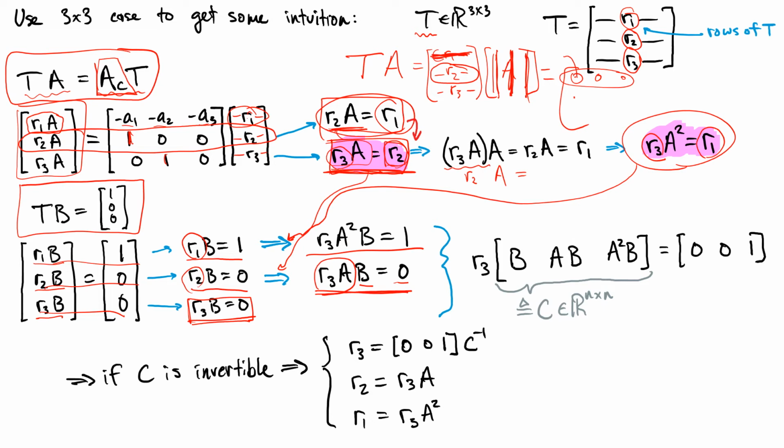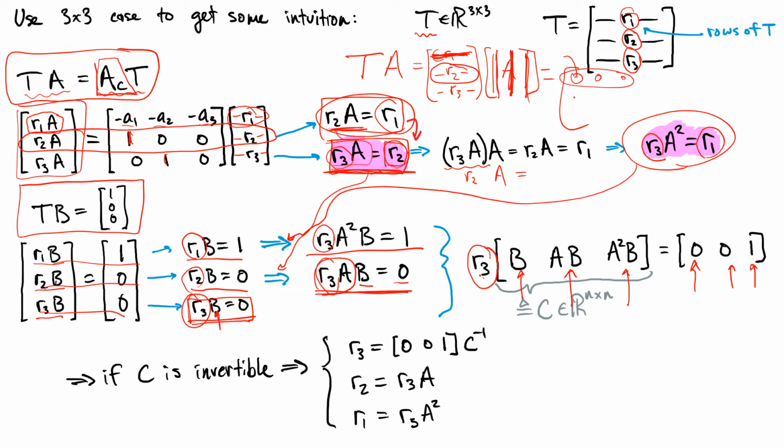And one thing we can do here is combine all of these equations together. We see that we have R3 on each, multiplying on the left for each of these. So if we extract R3, then we can write that R3 times B is equal to 0, R3 times AB is equal to 0, and R3 times A squared B is equal to 1.